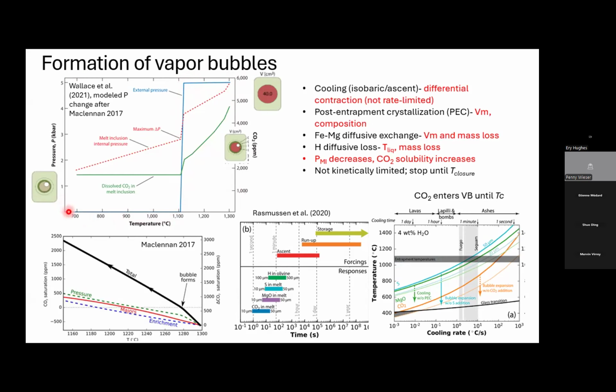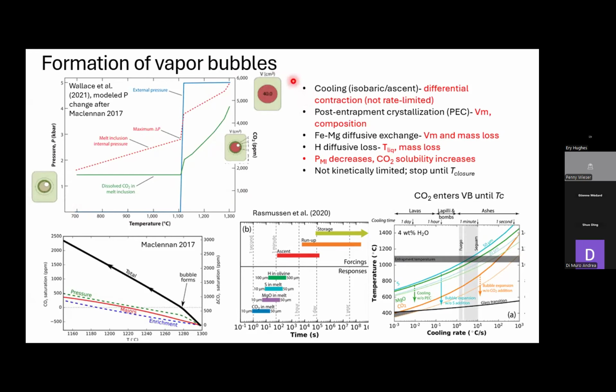The temperature drops significantly, all the way below the glass transition temperature. Reacting to all these external changes, the melt inclusion could first, upon cooling, experience differential contraction between the melt inclusion and the host mineral. Because of cooling, the melt inclusion could also start to crystallize, which is often referred to as post-entrapment crystallization.